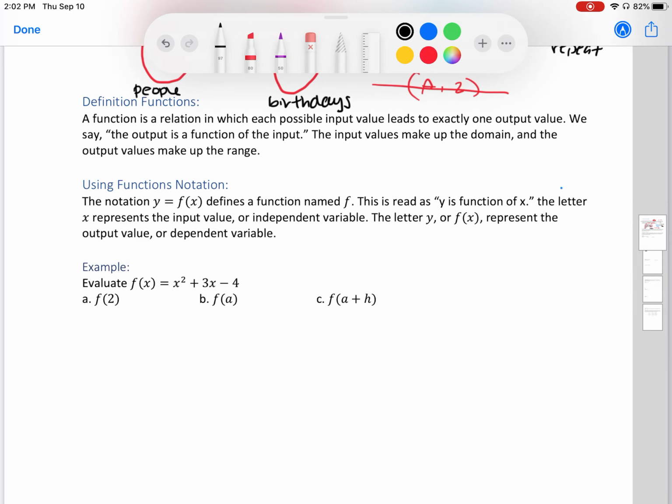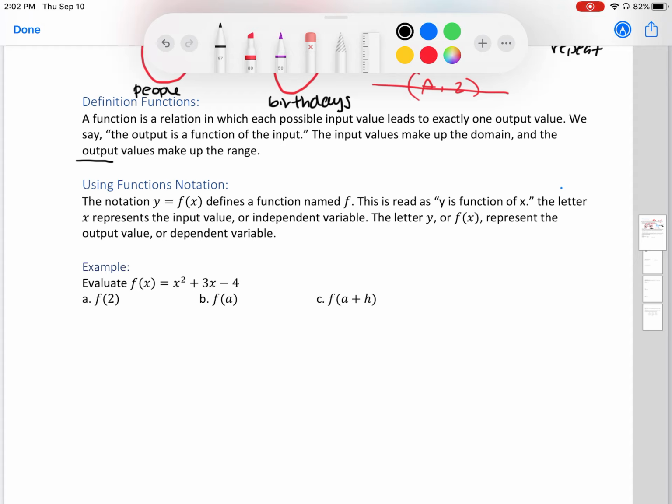Definition of functions. A function is a relation in which each possible input value leads to exactly one output value. We say the output is a function of the input. The input values make up the domain, and the output values, your answers, make up the range.